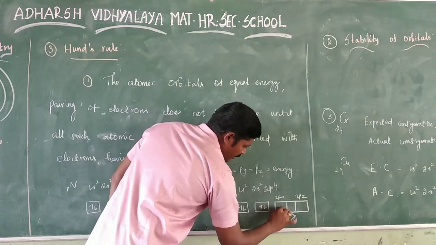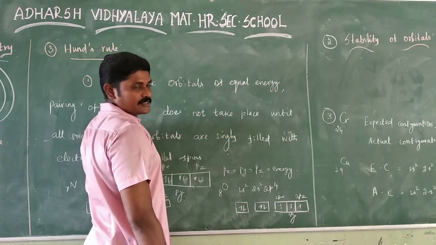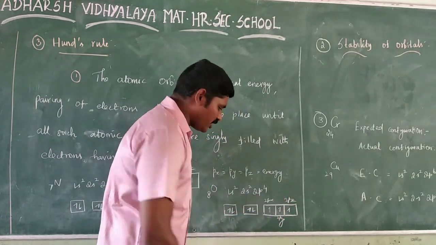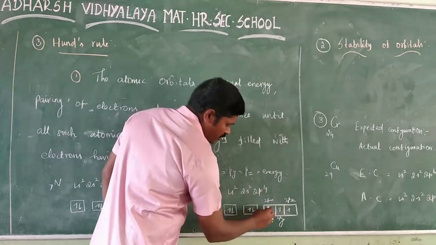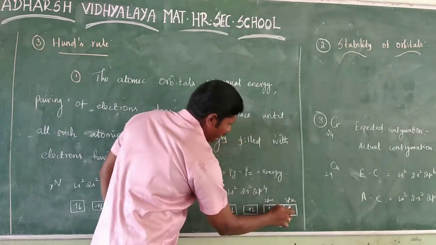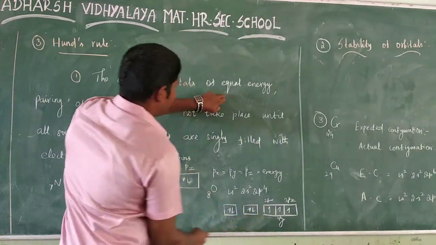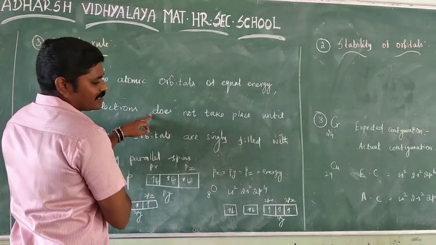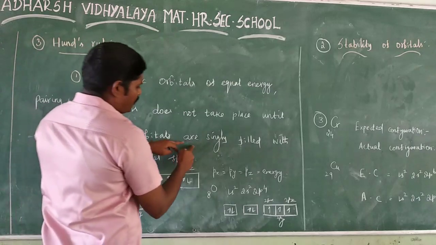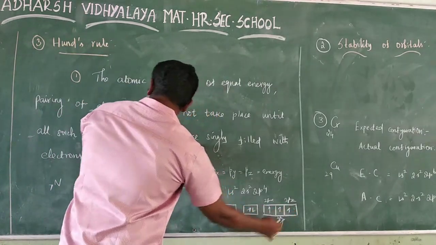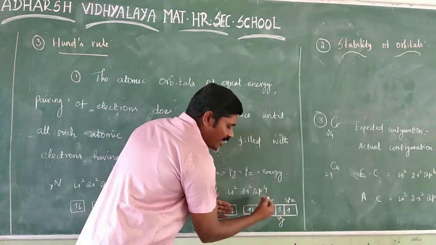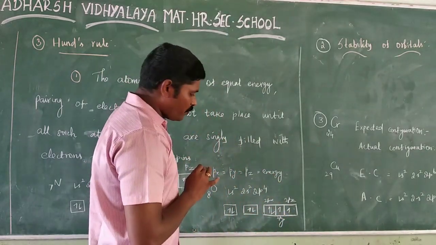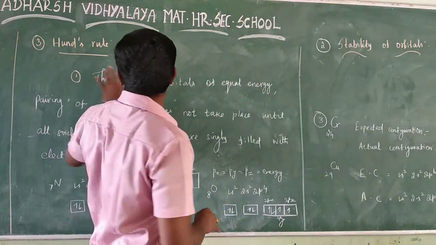The 4 electrons of 2p: the first 3 are filled singly, as pairing does not take place until all such orbitals are singly filled with parallel spins. So the 4th electron is filled into the 2px orbital. This follows Hund's rule.